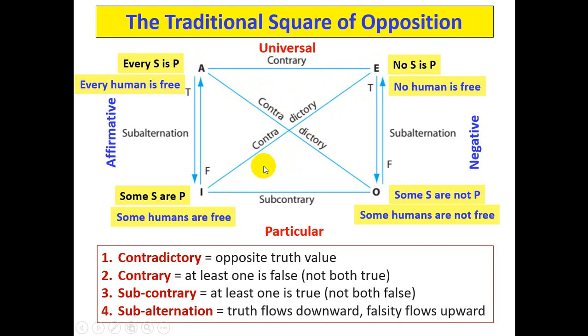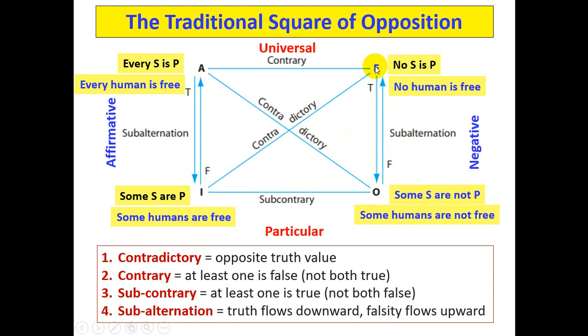And the relation between I and O is subcontrarity. I is subcontrary to O and O is subcontrary to I. The relationship between A and E is called contrariety. Here is subcontrarity. Okay. But what about the relation between E and O, or between A and I, and vice versa?